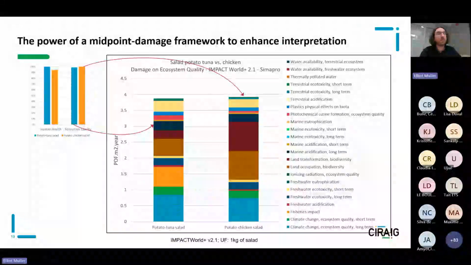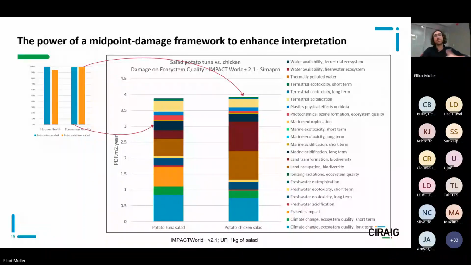So whenever you are using the expert version of Impact Calculus, you will be able to know which of the damage level indicators contributes the most to the different areas of protection. And also, as they're calculated using the same unit, you will be able to compare one another.